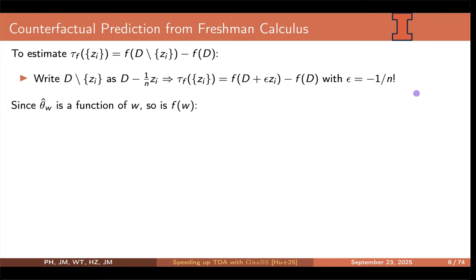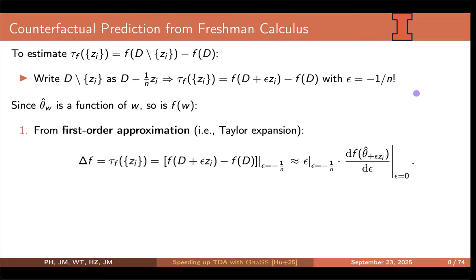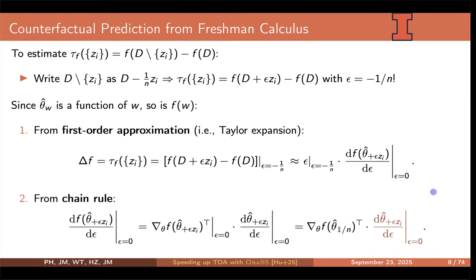Now, if you view this as a function of w, then we can do a first order approximation, namely Taylor expansion, which is just simple calculus. We're trying to estimate this effect from first order, which is basically just this. You can pause a bit if you are not convinced, but this is basically just freshman calculus.